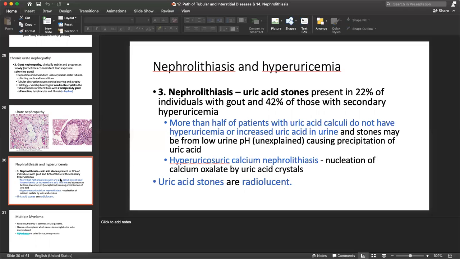Hyperuricosuric calcium nephrolithiasis is going to be that nucleation of calcium oxalate crystals by the uric acid crystals. The uric acid stones are going to be radiolucent, and if you look at them under the microscope, they look like little footballs or little lemons. I always thought of them as little lemons because lemons are acidic.